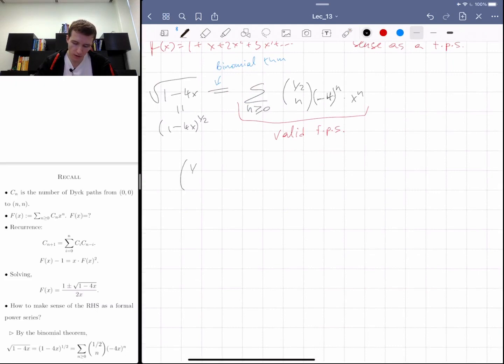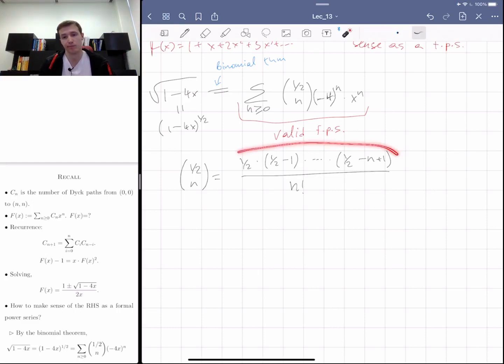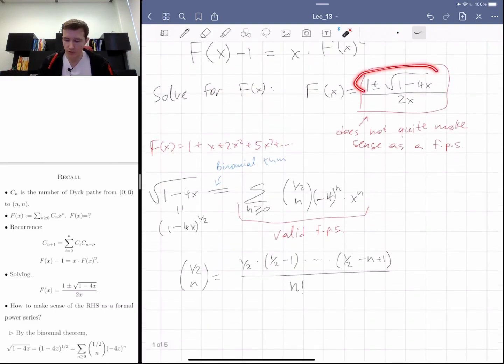What is 1/2 choose n? It is 1/2 times (1/2 minus 1), etc., times (1/2 minus n plus 1), over n factorial. It's going to be some rational number. So at least the numerator is all right.